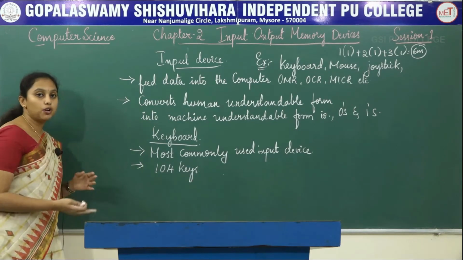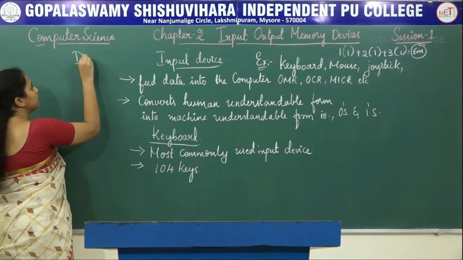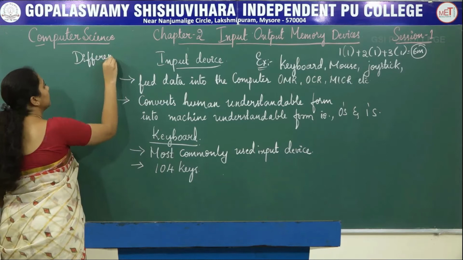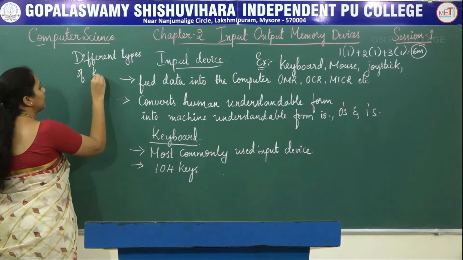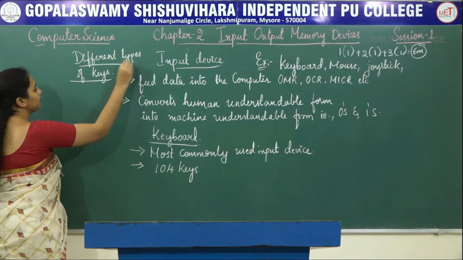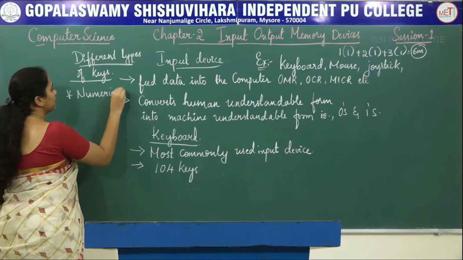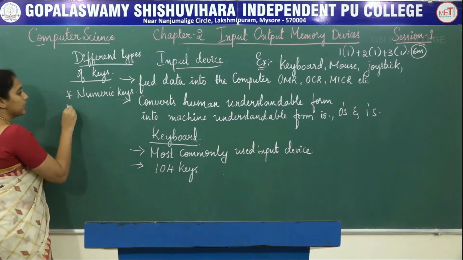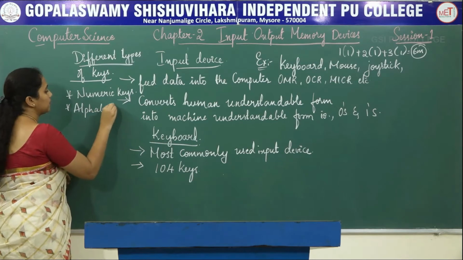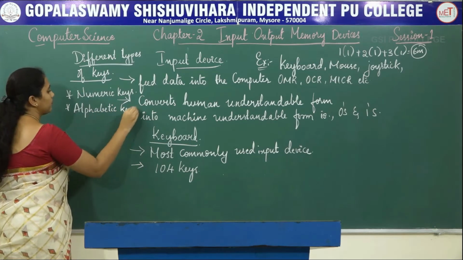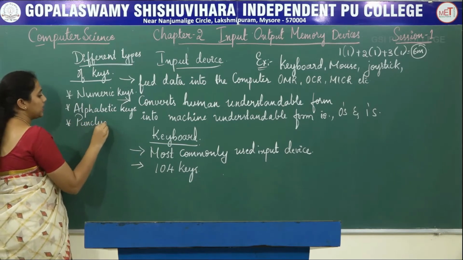Next, the different types of keys on the keyboard. So what are the different types of keys? The first one is numeric keys. Second one is alphabetic keys. Third one is punctuation keys.